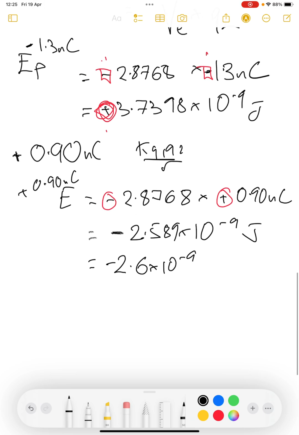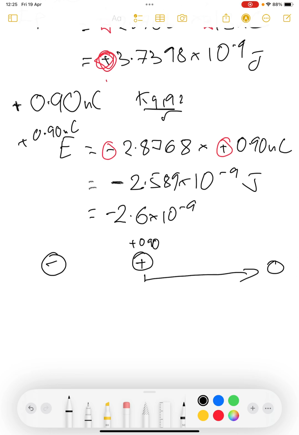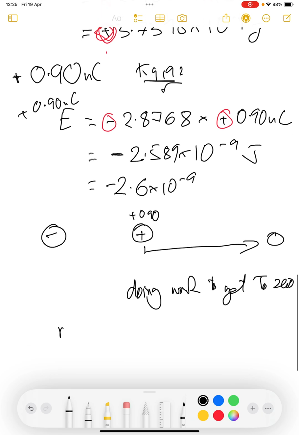And that's the idea that you have a negative charge here, and you have a positive charge here. This is my plus 0.90. So to take this away to infinity, to get to zero, the only way I can be doing work to get to zero means I must be starting in negative numbers.